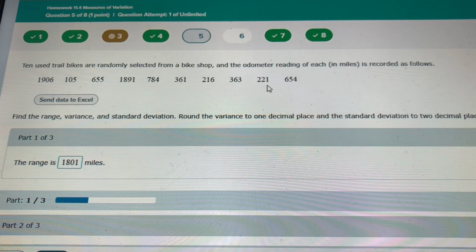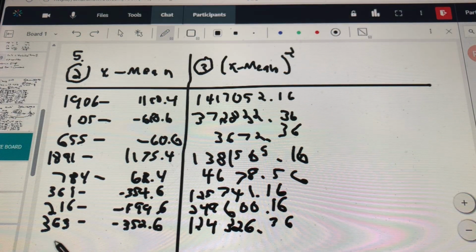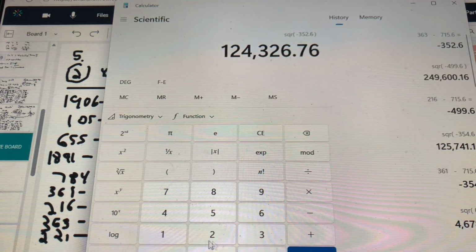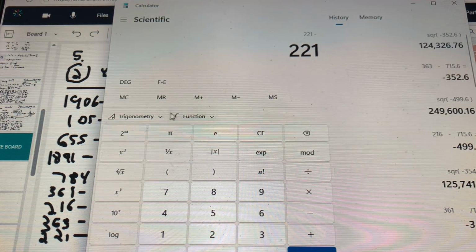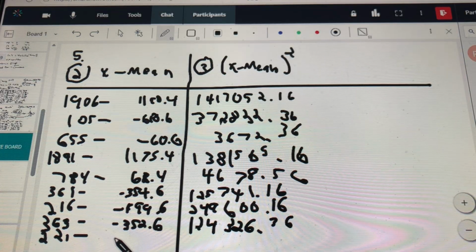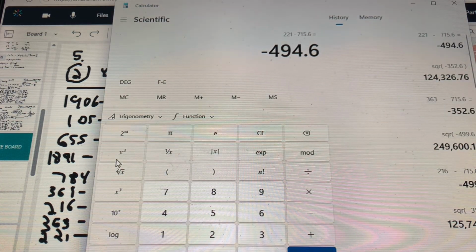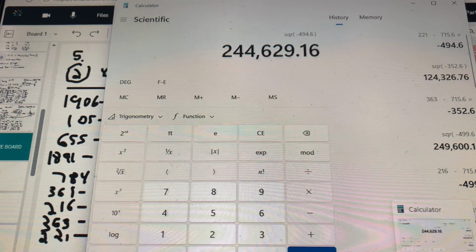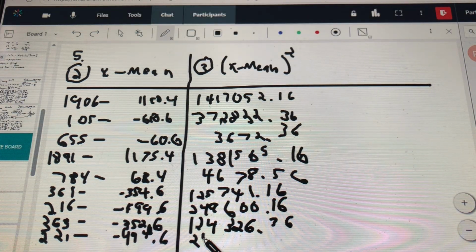Two more to go. 221. 221 minus the average, negative 494.6. Square it. 244,629.16.